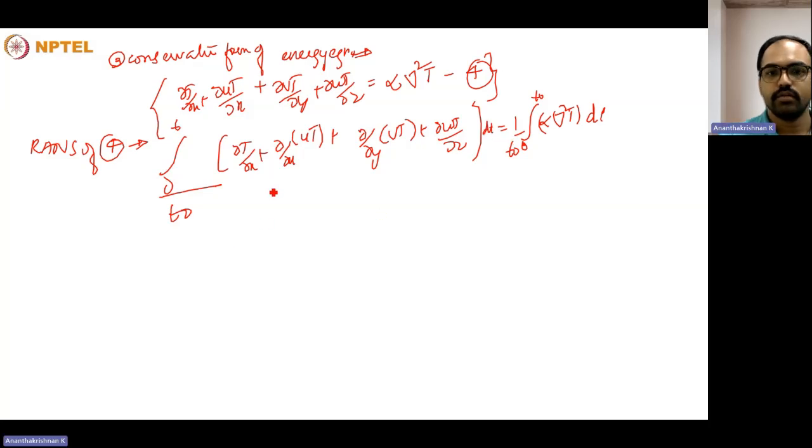In this one, we use the Reynolds averaging, time averaging rules that we have seen in the previous case.